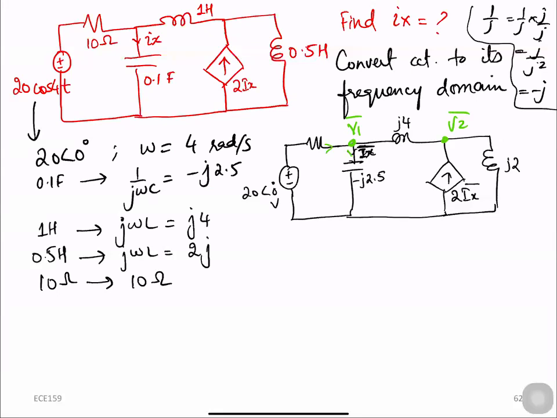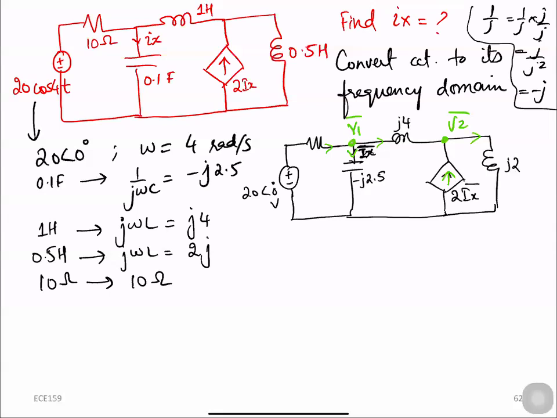This is already Ix, and this current is flowing here. We already know the direction for this current, and we'll just keep it the same for simplicity. And this is this direction. All right, so we label all the current directions and we label the voltages at two nodes, V1 and V2.